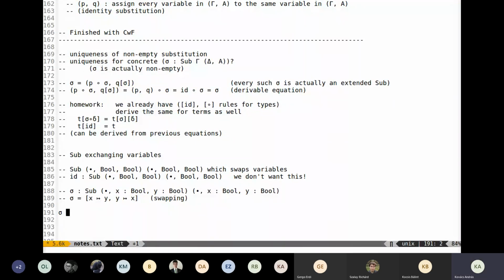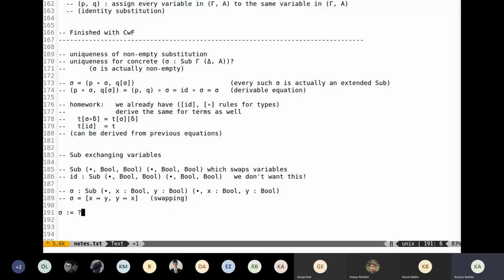Okay, how can we define sigma formally? It is very easy to define sigma using all of these names and assignments of variables, but how can we define it formally? How can we start?